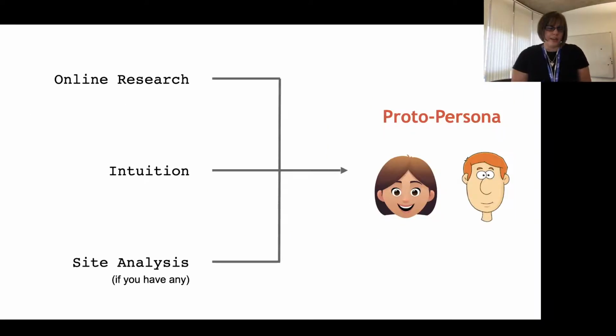So within Lean UX, there's something called a proto-persona. And you notice that the interview section is now gone. Intuition has been promoted. That's higher up the list of things that we're going to rely on. And we have some site analysis, that's if you have any resources or any site to analyze.